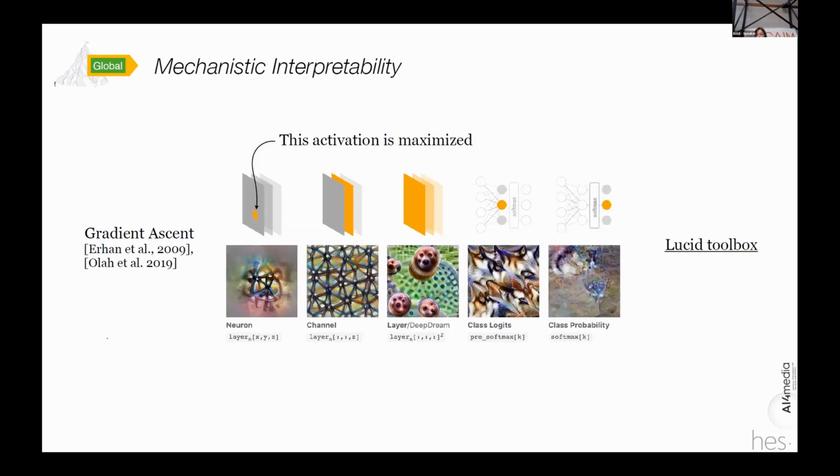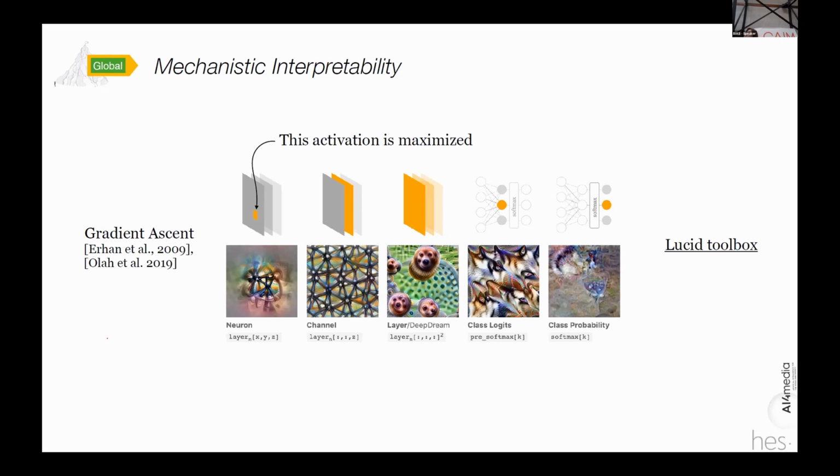It was improved later on in 2019, so ten years later, by the OpenAI team and the Distill publication group. They thought of taking an individual neuron or an individual channel in a convolutional neural network and looking at what type of inputs you could use to maximize the activation of that particular unit.